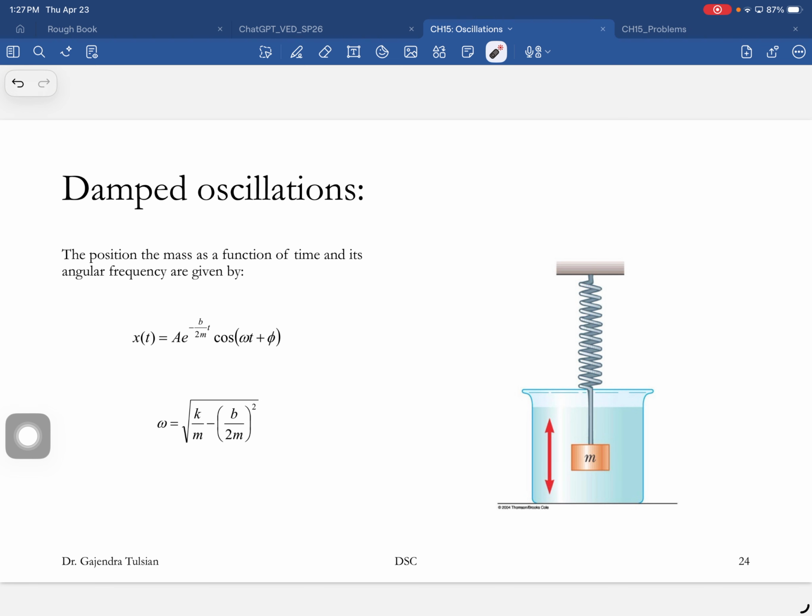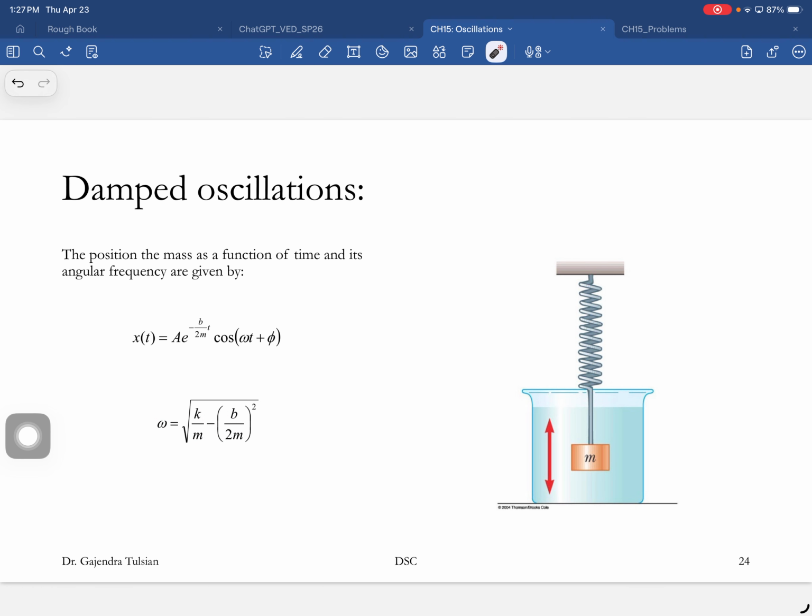This also gives you an idea. Let's say this was your wheel on your motorbike and you hit a pothole and you don't want the wheel to oscillate. What do you do? You just make sure B is large enough such that this term cancels that, and then it won't oscillate.